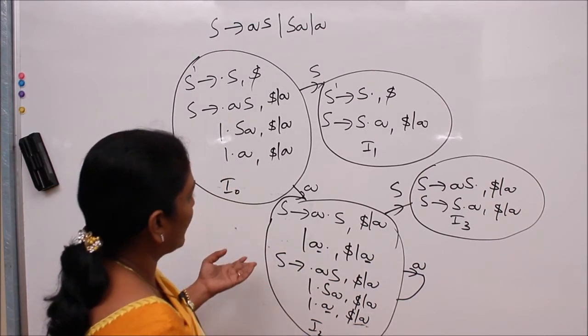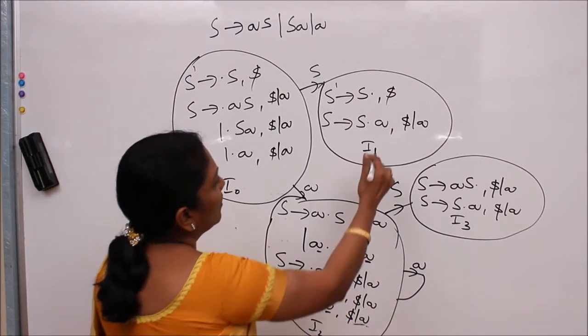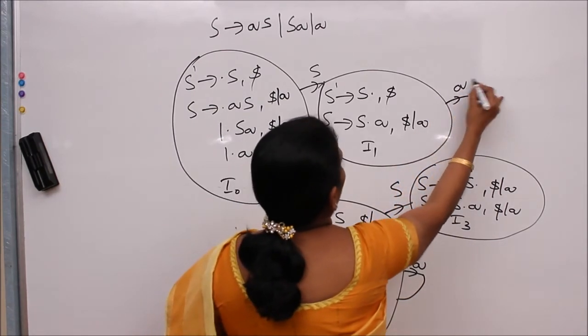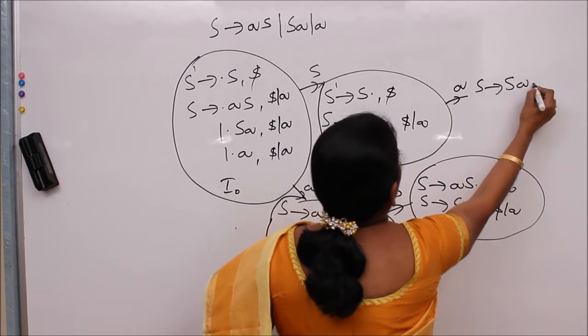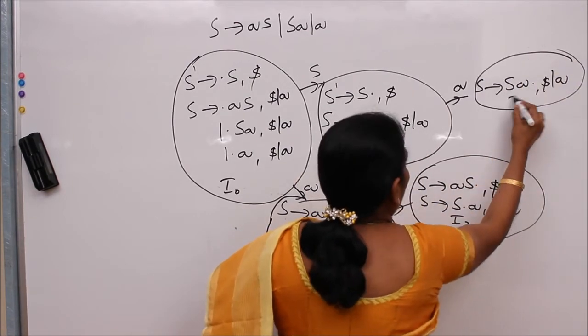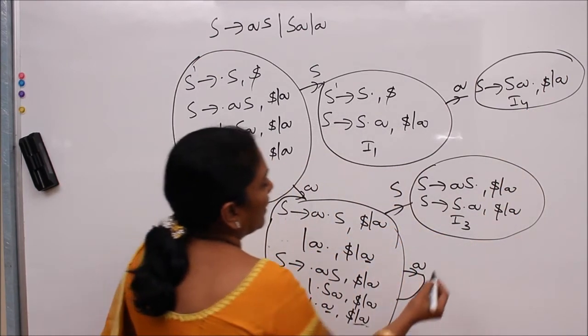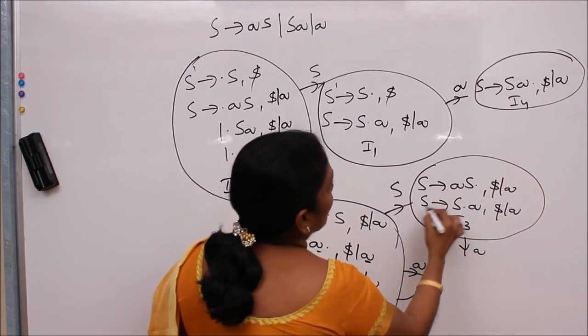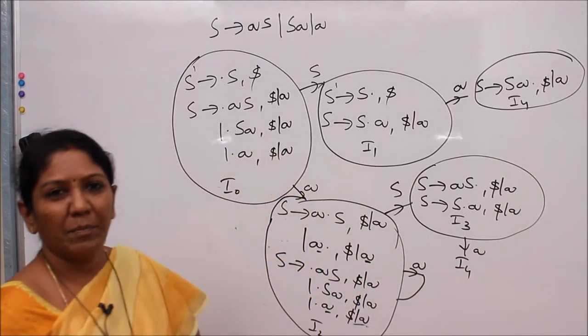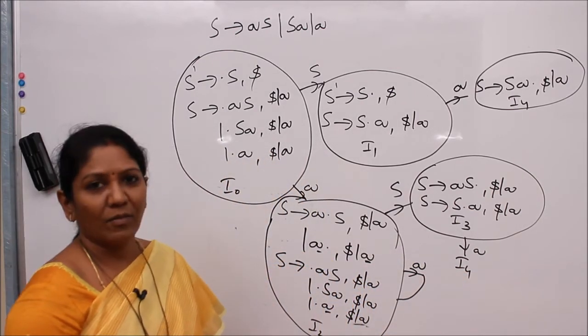Any more transitions? That's all from I2. Coming to I1, I1 on A is S to SA dot with look ahead dollar and A. Let this be I4. Now this one on A is S to SA, which is nothing but I4. That completes our DFA with LR1 items.